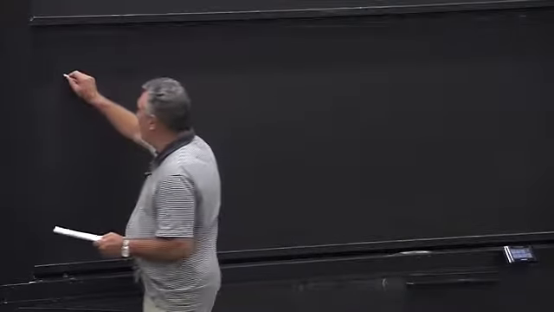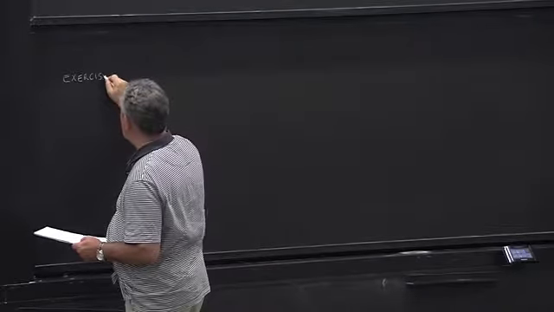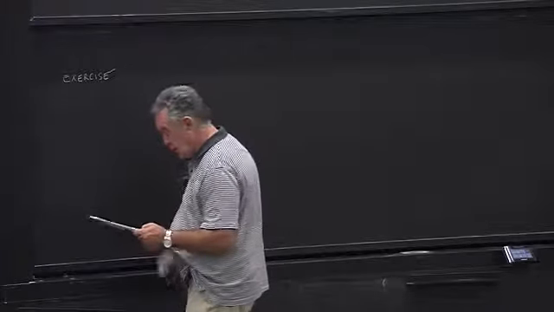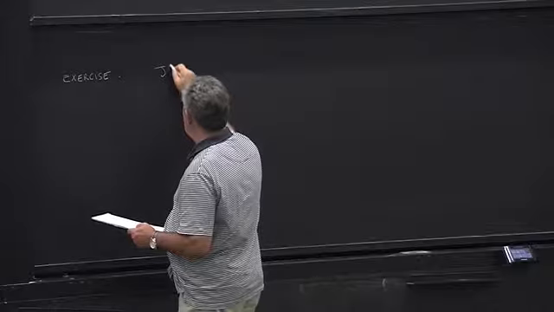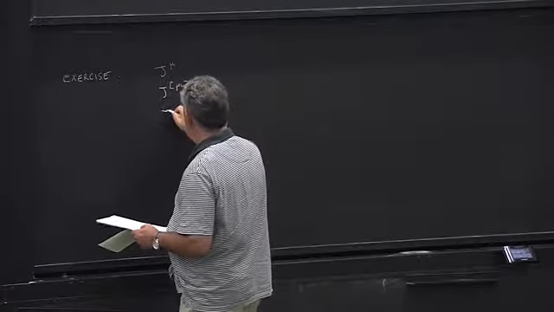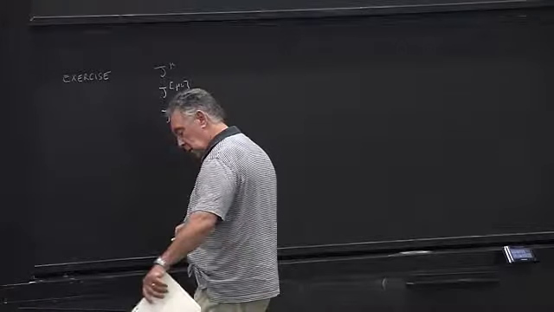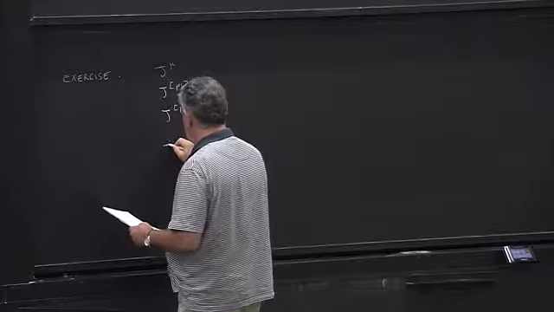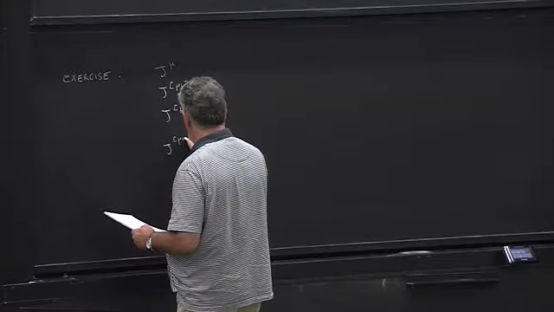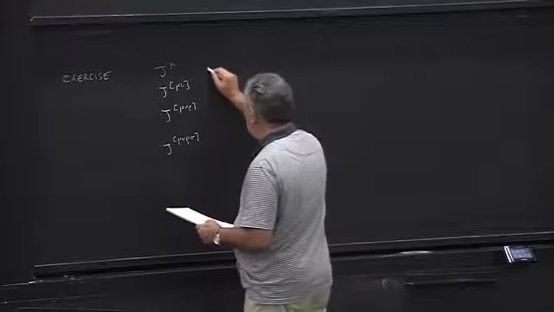Now, before I go on to talk about curvature, let me make a few more remarks. First of all, a little exercise. Let's suppose J mu nu, J mu nu rho, and J mu nu rho sigma are densities of weight 1.